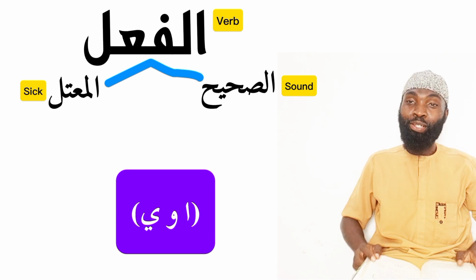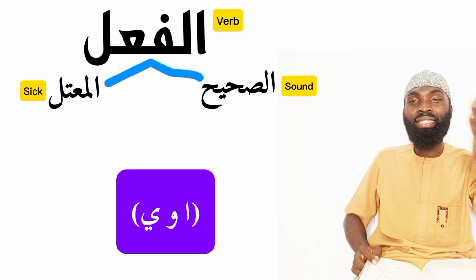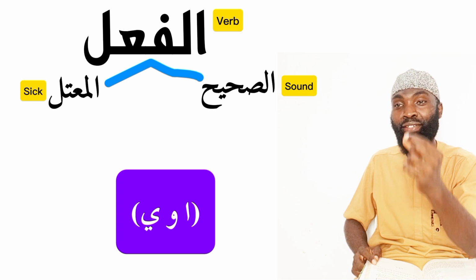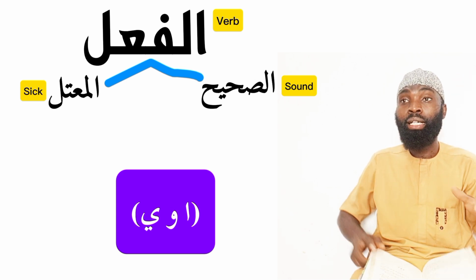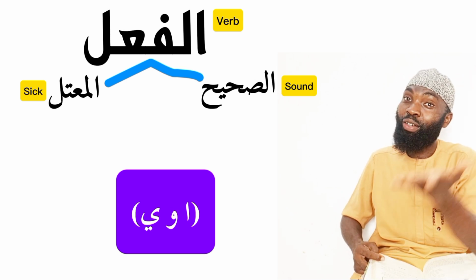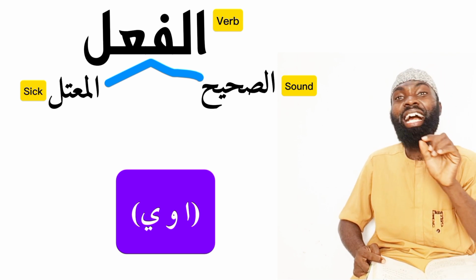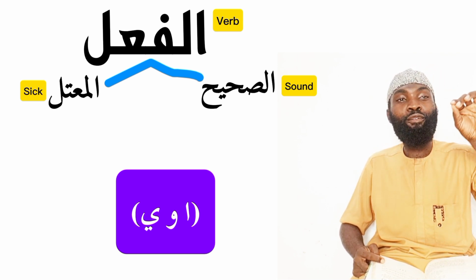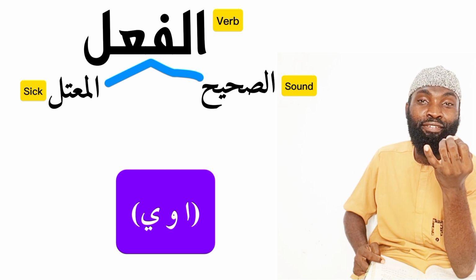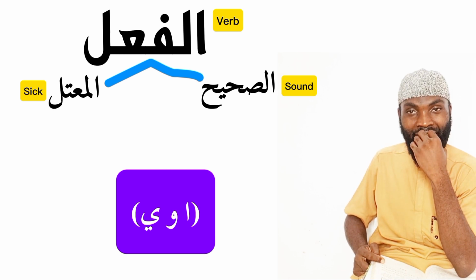And we said also, as for the unsound verb, the sick verb or the weak verb, they are the opposite of the sound verb. So you can define them by saying they are any verb which has the presence of one of these three letters, alif, wa, and ya.